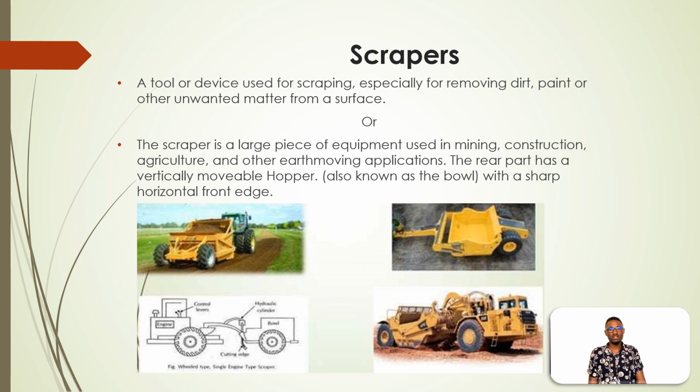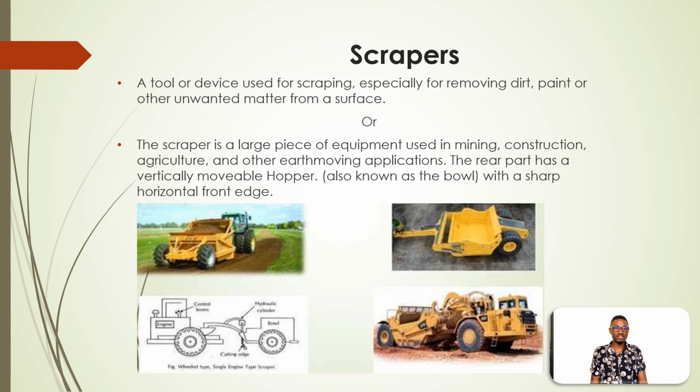I'll define scrapers. These are a tool or device used in scraping, especially for removing dirt, paint, or any other unwanted matter from a surface. Or you can as well define a scraper as a large piece of equipment used in mining, construction, agriculture, and other earth moving applications.